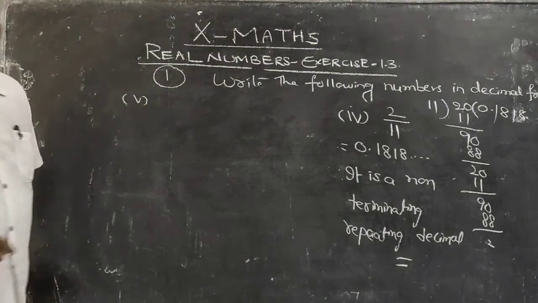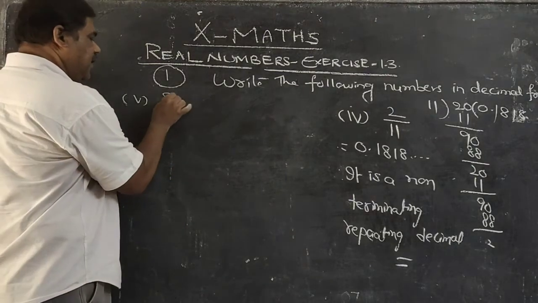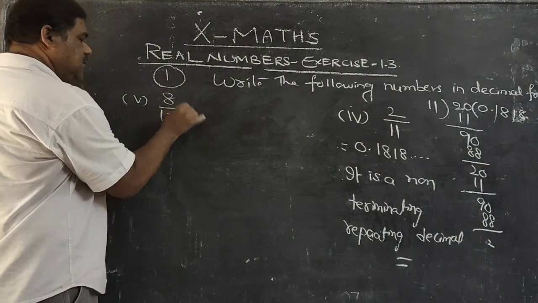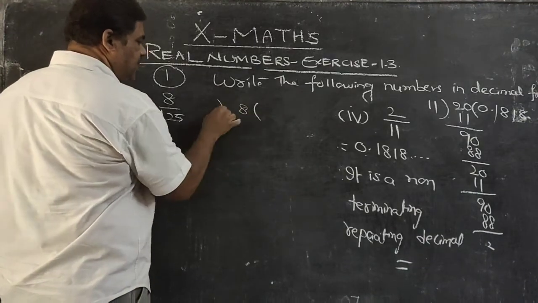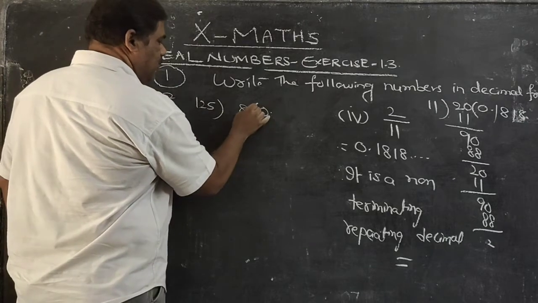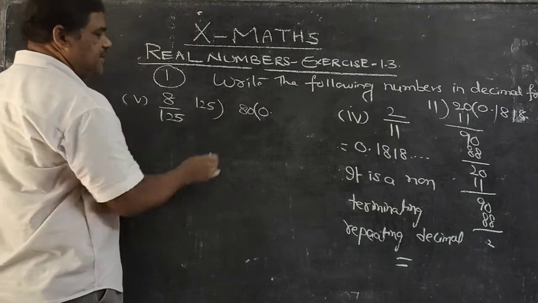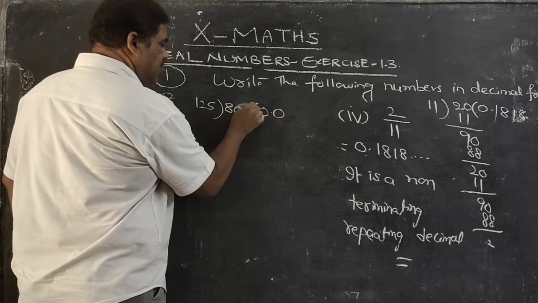Right, the fifth one: 8 by 125. Let us divide 8 by 125. So 0 point, keep 1 0. Now the division is not possible, so you keep another 0.